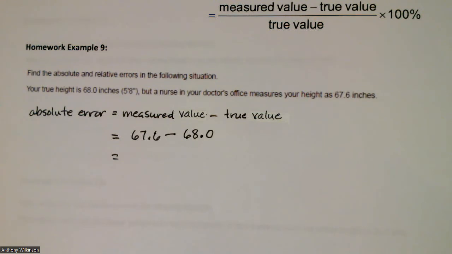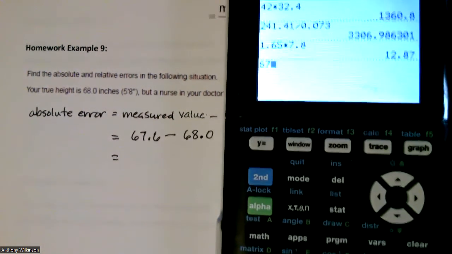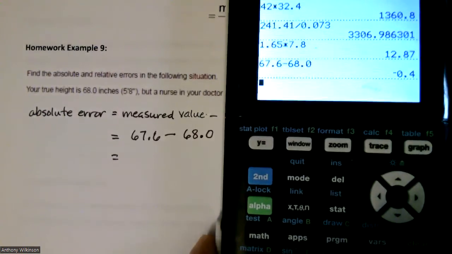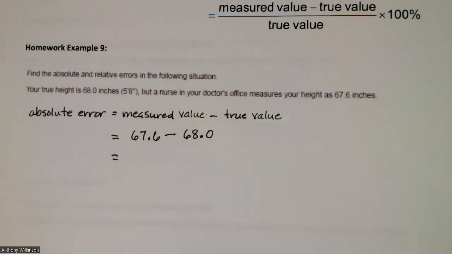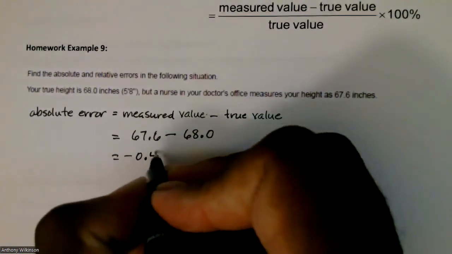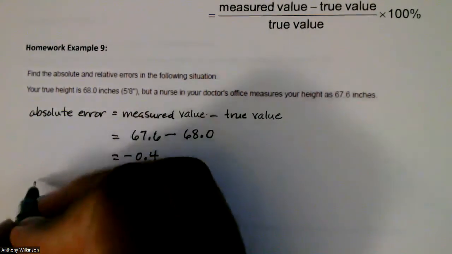So if we do 67.6 minus 68.0, you're going to end up with a negative value of 0.4. So it'd be negative 0.4. That's the absolute error. And now let's find the relative error.